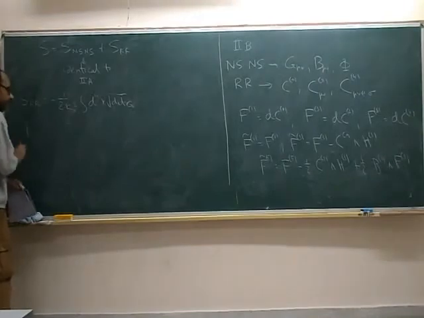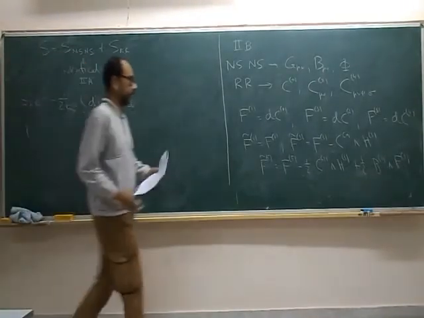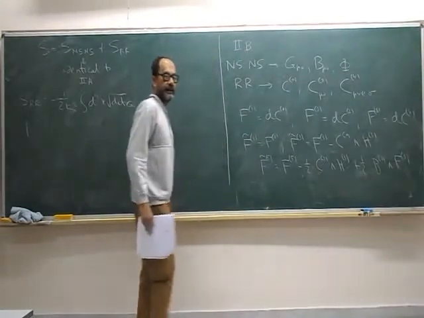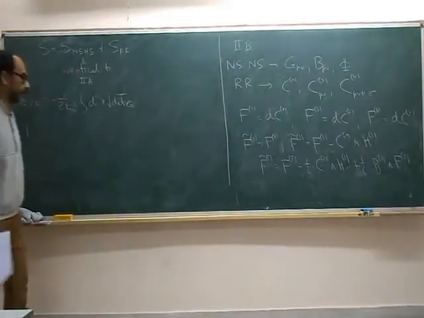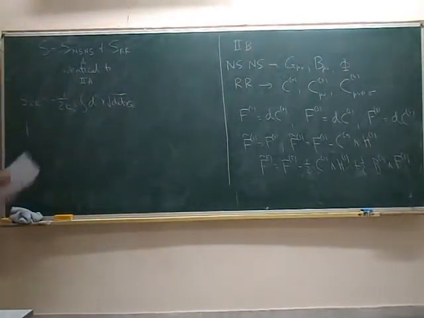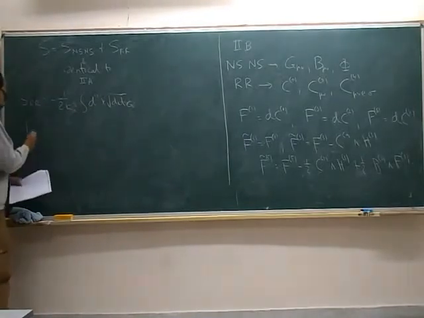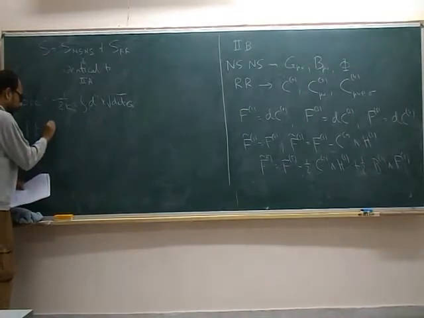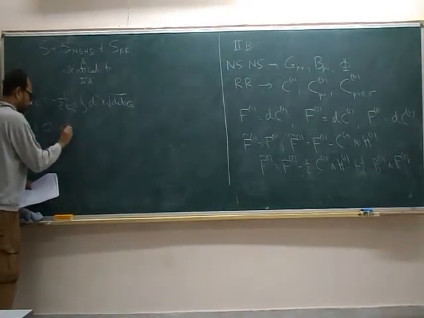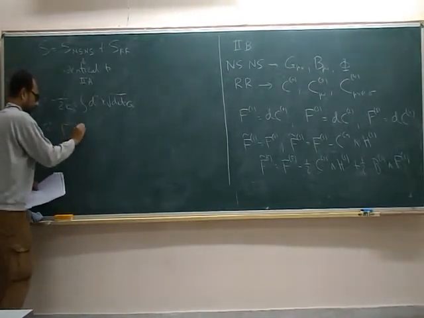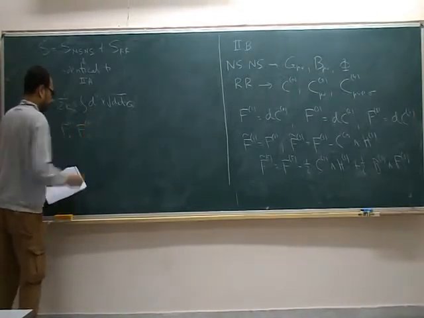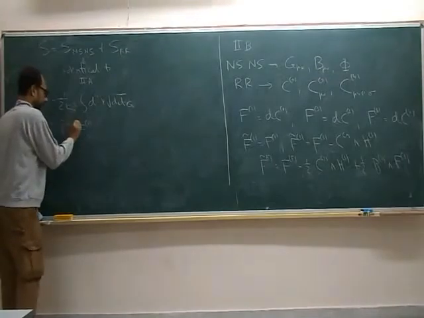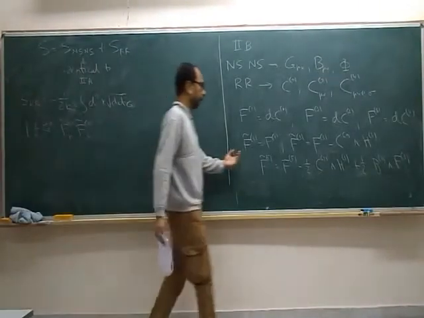In fact, once I have defined these F tilde fields, it's quite standard, right? You can just write it down by inspection. It's the square of each of these field strengths. So half G^{μν} F1_μ F1_ν. F1_μ is a fancy way of writing partial_μ of C0.